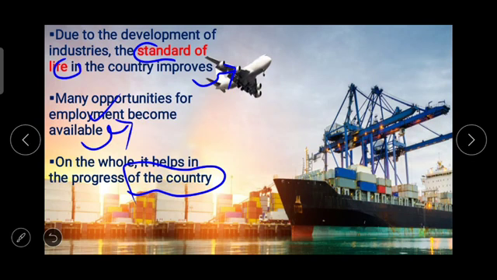So if we want to summarize the role of the industries in the development of the economy, we can end with the sentence that it helps in the progress of the country.